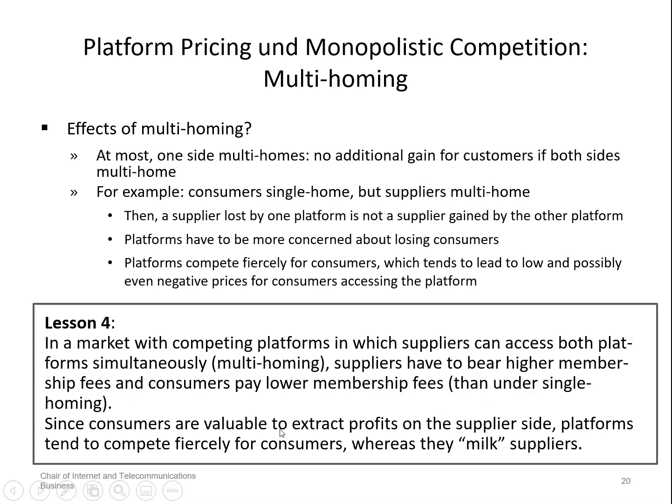This is because consumers are valuable to extract profits on the supplier side, so platforms tend to compete fiercely for consumers, whereas they milk suppliers. This is the lesson coming from multi-homing of one of the sides. This is also called the competitive bottleneck in platform terminology.